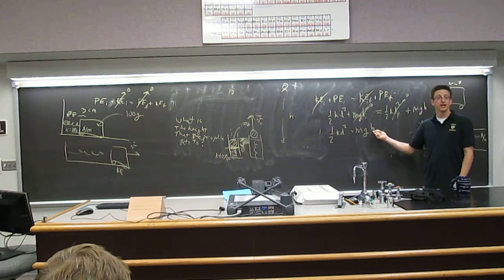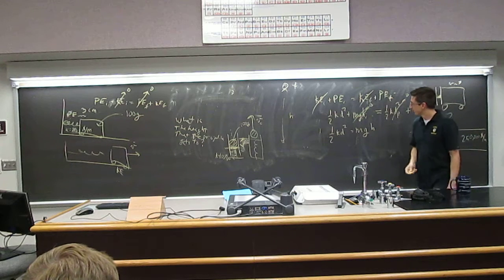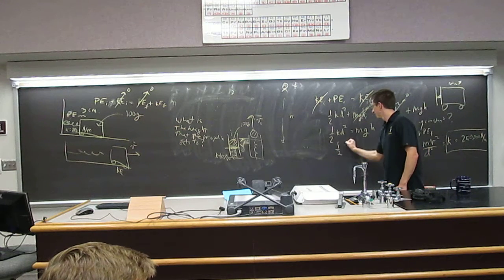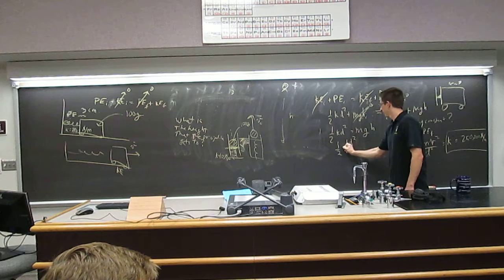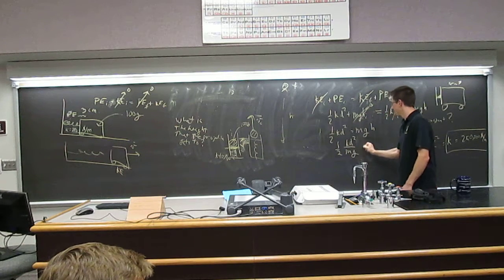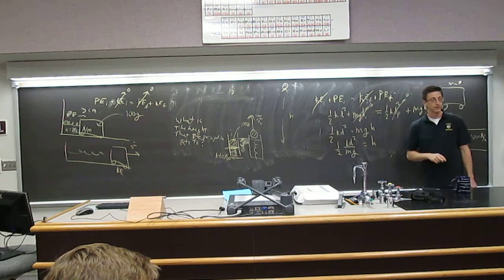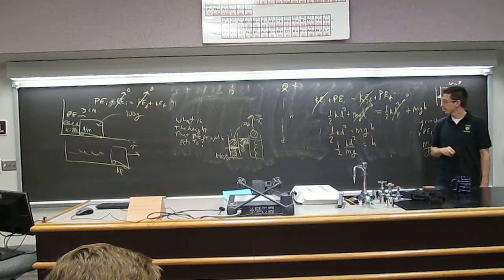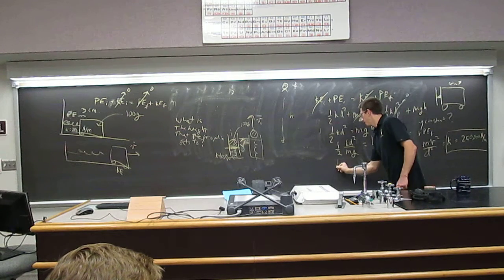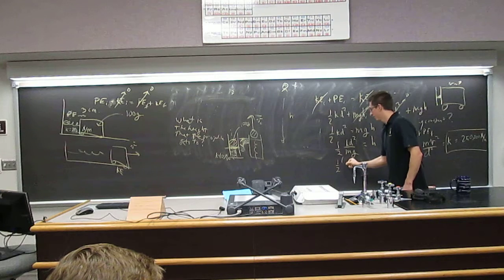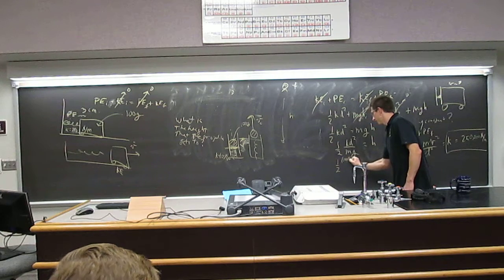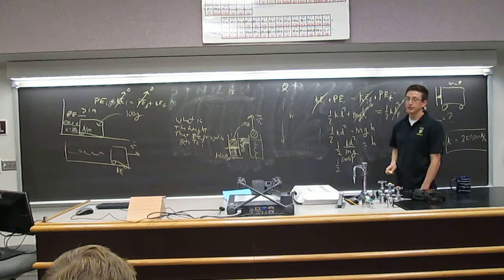I'm interested in this height, right? So I could do 1/2 K D squared over mg is equal to the height. Then I can plug in numbers. So that'd be 1/2 K, which was 100 per meter. D, which was 5 centimeters.